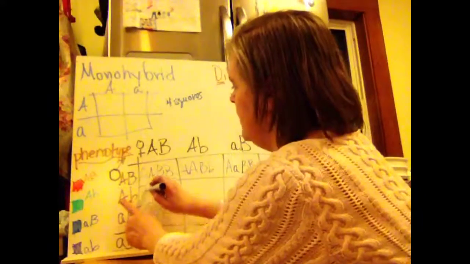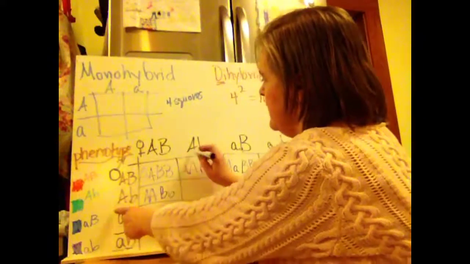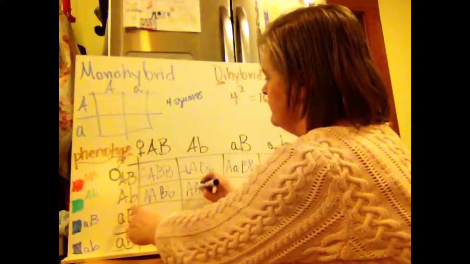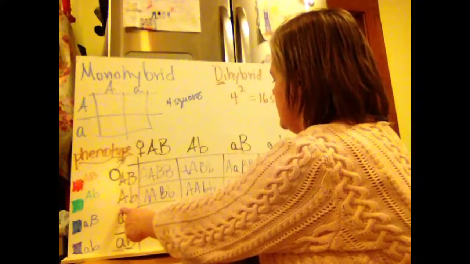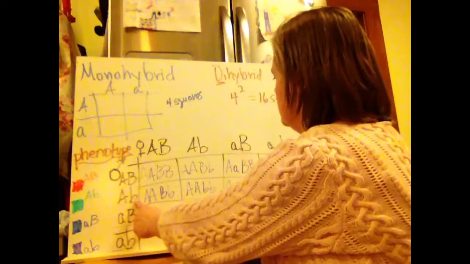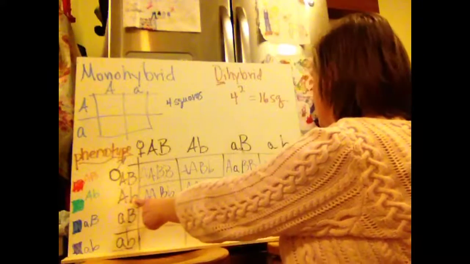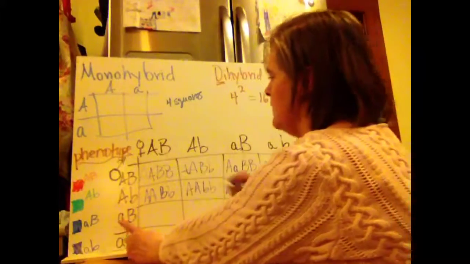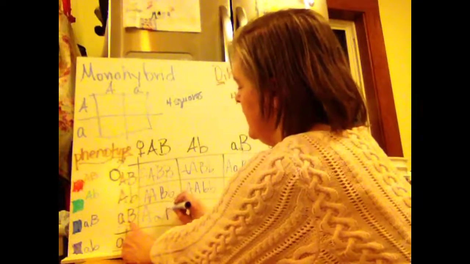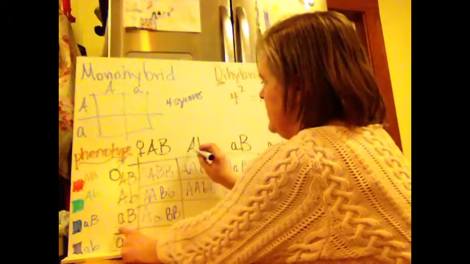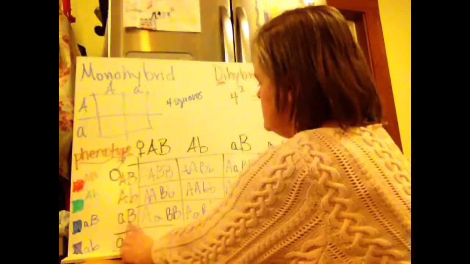We'll continue on with the rest of the Punnett square. Small b, large A, small a, large B, small b, large A, small a, small b, small b, large A, small a, 2 large B's, large A, small a, large B, small b.